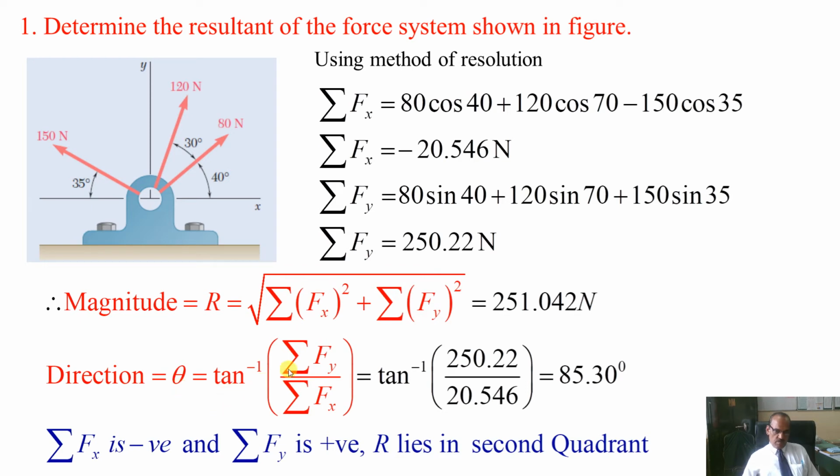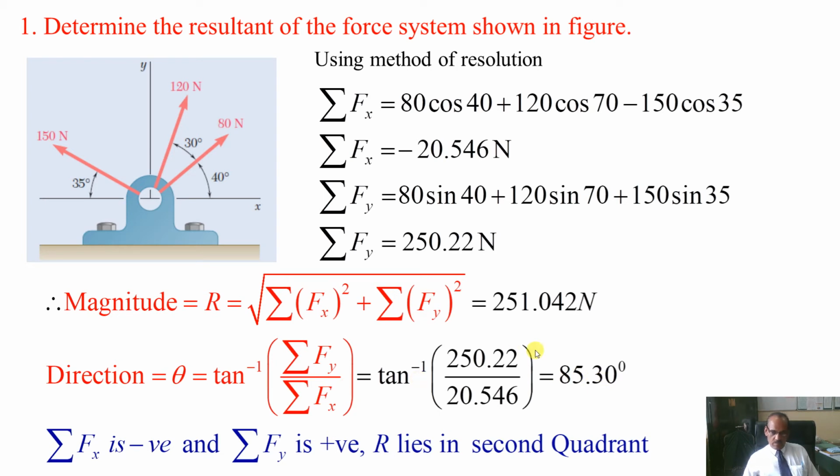Theta will be tan inverse of summation of Fy divided by Fx. Since we are calculating the angle with respect to the x-axis only, ignore the negative sign, for both Fx and Fy. Just take the numerical values for estimation of angle theta. You will get angle theta 85.30.